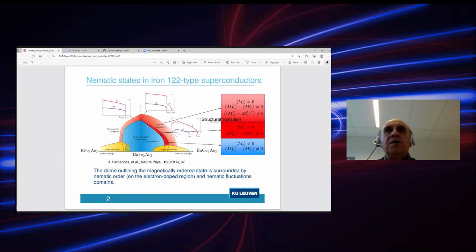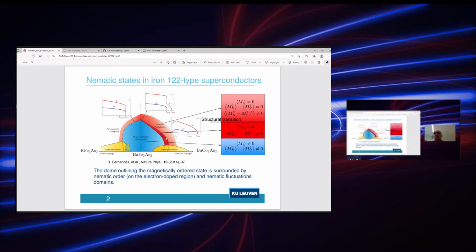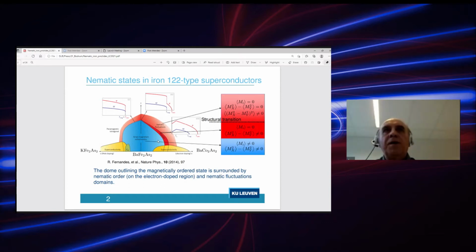So the domain of the nematic state has this two-fold symmetry. We have the breaking of four-fold symmetry to two-fold symmetry, but we still don't come to the stripe magnetism. So there is no magnetism.